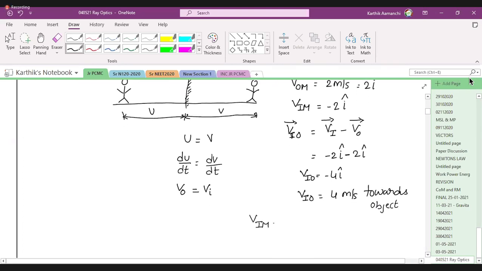Velocity of image with respect to mirror is velocity of image minus velocity of your mirror, isn't it? Velocity of image is minus 2 I cap. Minus velocity of mirror is how much? 0. So 2 meters per second towards the mirror. Clear?